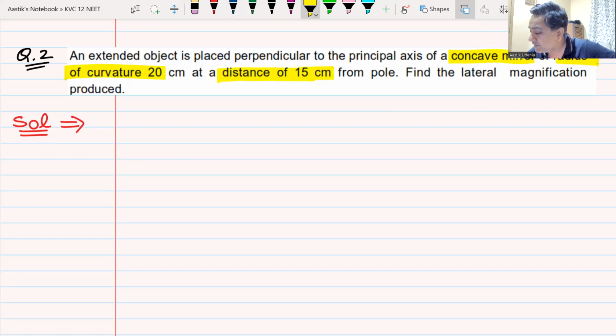The object is placed at a distance of 15 centimeters from the pole, so the value of u is given. You have to calculate the lateral magnification. It is as simple as it gets. Please let me know the answer. Who tells me the answer first?